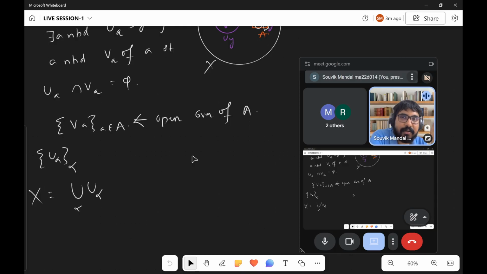Then without understanding the open cover, how did you understand compactness? Now tell me, what does it mean by finite subcover? A finite collection of open sets from the open cover which cover X. Okay.